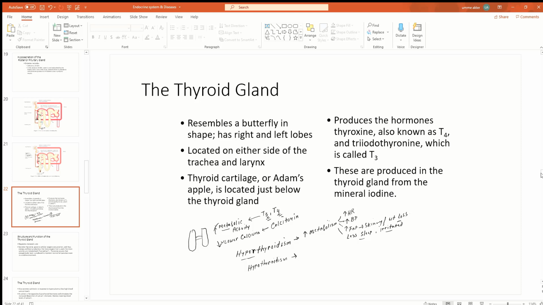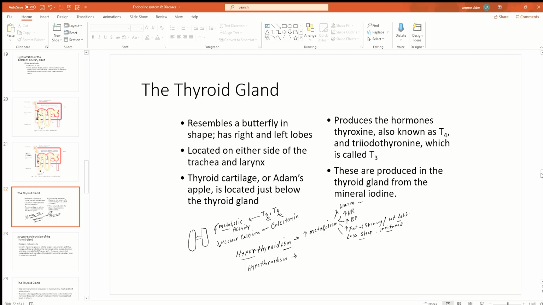In hyperthyroidism, the body will be warm. If you touch the skin, because when metabolism increases, heat is produced, right? So the body is always warmer than a normal person.